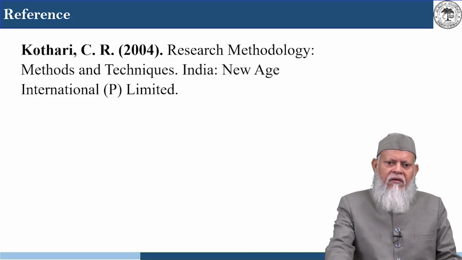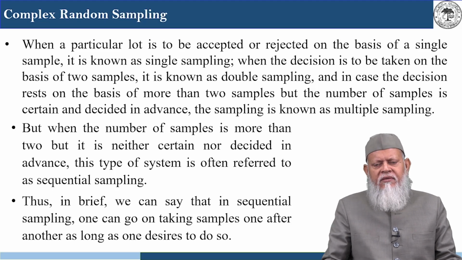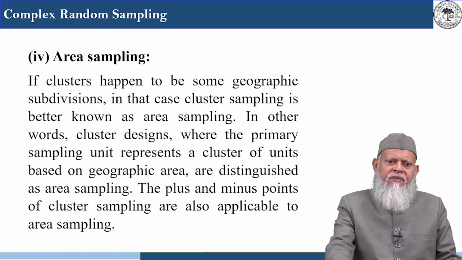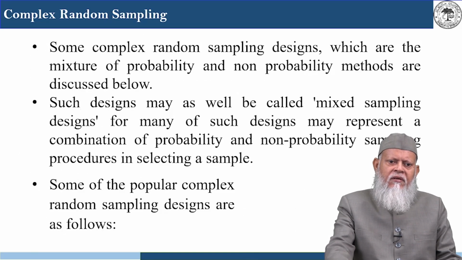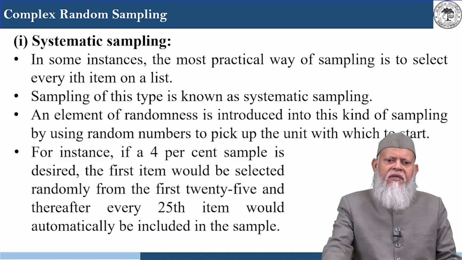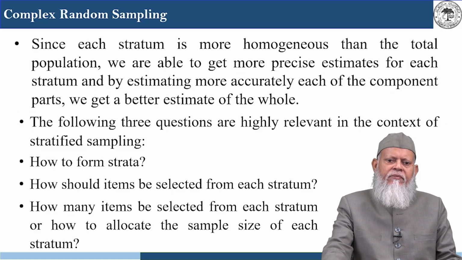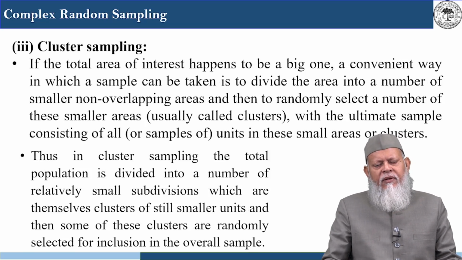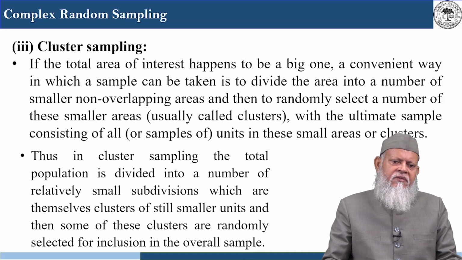These were some of the important complex random sampling designs. In fact, these designs are very popular, especially the systematic sample design, the stratified sampling design, and the cluster sampling designs. These are very popular with researchers because they provide a kind of freedom and also a kind of strictness.